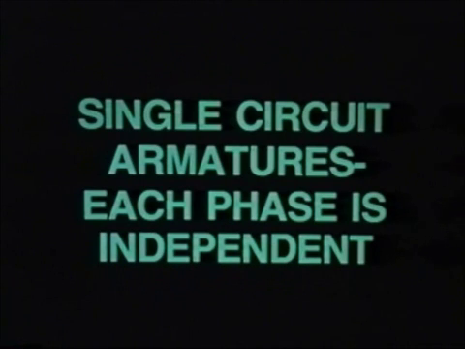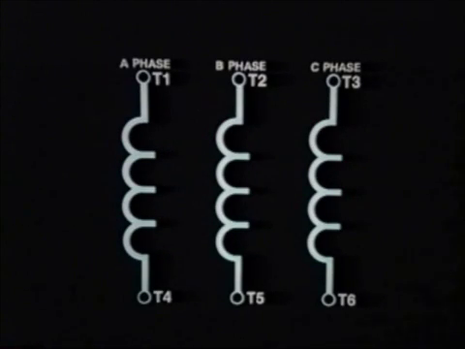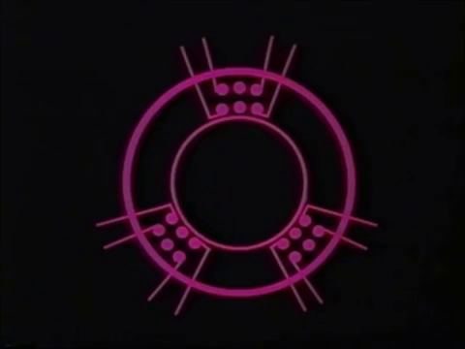For single-circuit armatures, each phase is an independent coil group, so 6 output load leads are available to be brought out for external connections. 2 circuit armatures have 2 smaller coil groups for each phase.